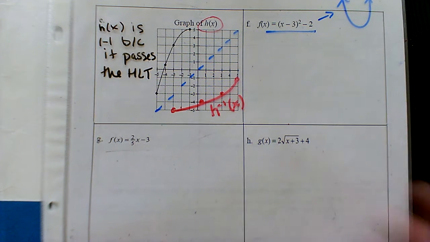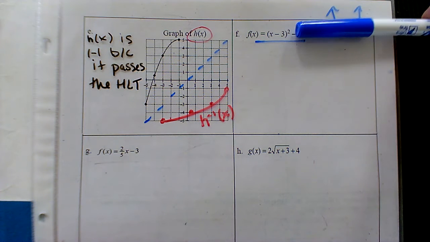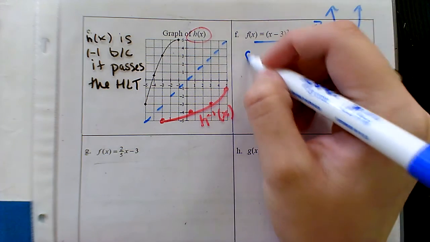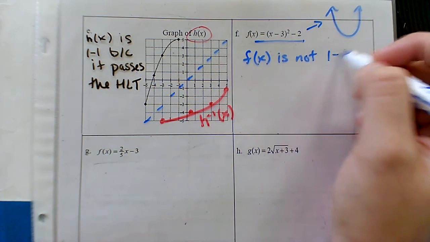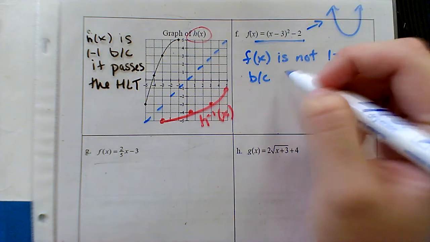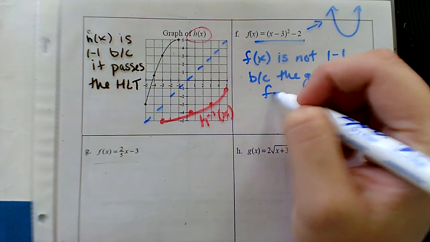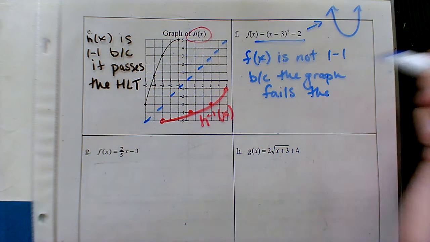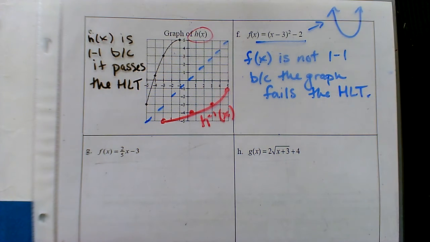So since this is quadratic, we know it's a U shape. If you were to apply the horizontal line test to the U, would it pass? No, because you would touch twice, right? All right. So f of x is not 1-to-1 because the graph fails or doesn't pass, whatever wording you want to use, the horizontal line test.